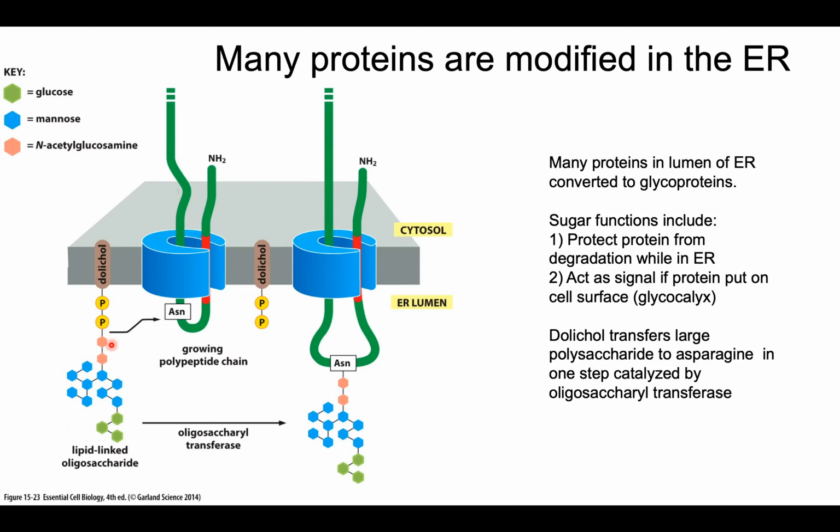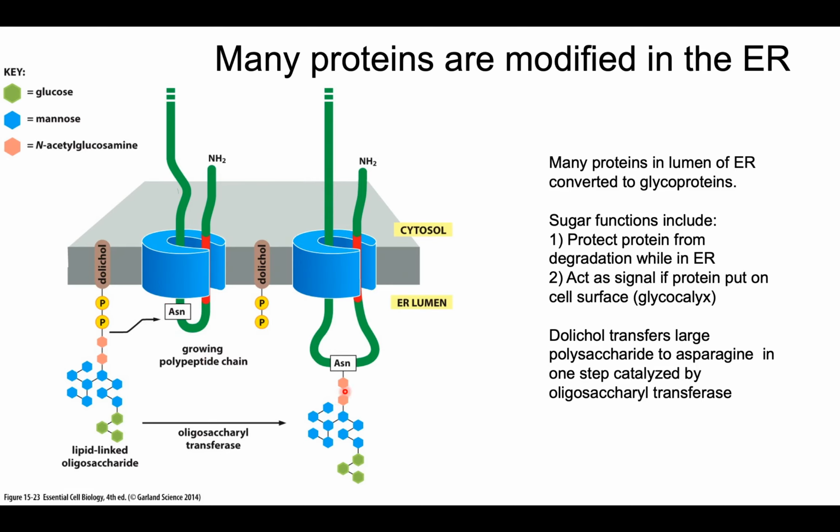This big transfer of this oligosaccharide is going to occur with our oligosaccharyl transferase. This is our enzyme that's going to catalyze this, putting this big oligosaccharide from our dolichol onto our growing protein. And more often than not, they're put on the asparagine residues of these proteins.